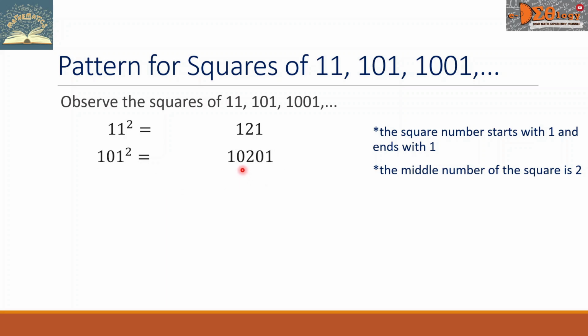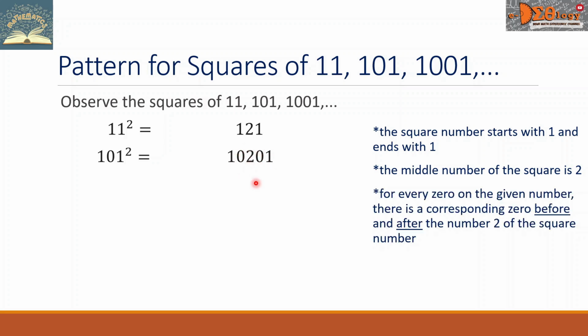This is the answer, 10,201. Let us observe this value. The square number starts with 1 and ends with 1. The middle number of the square is 2. Now note this. For every 0 on the given number, our given number is 101, there is 0 in the second digit.